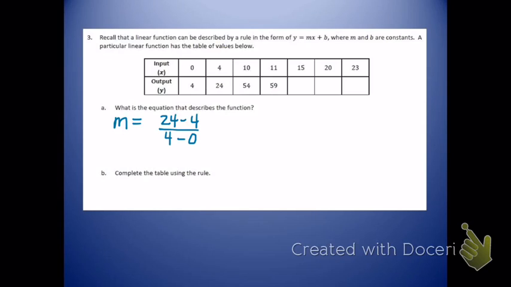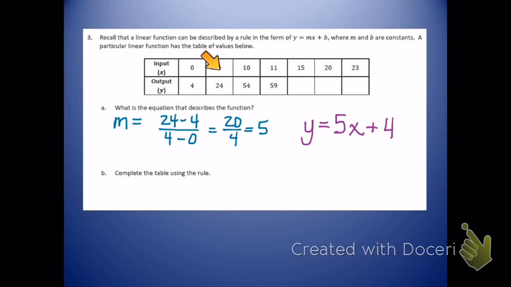And so using these 2 points, 24 minus 4 gives me the change in y, and 4 minus 0 gives me the change in x. That simplifies to 20 over 4, which is 5. So now I know the slope of this line is 5. So I can write y is equal to 5x plus the y-intercept, which we already said was 4. So the rule is y equals 5x plus 4.